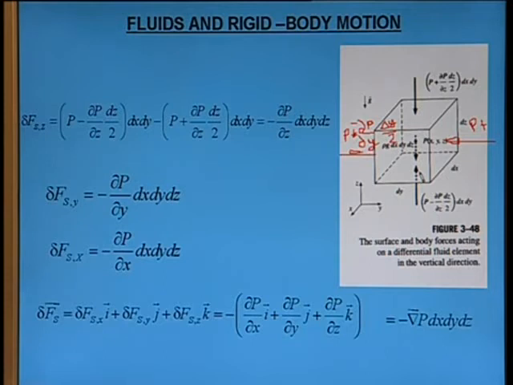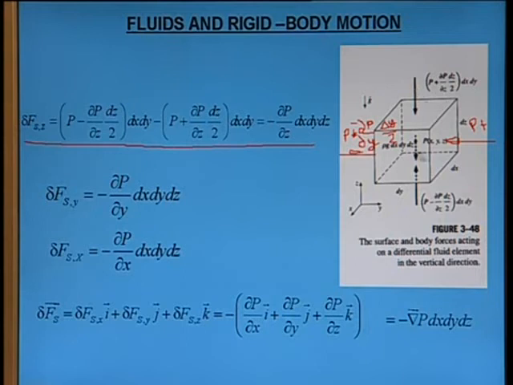These accelerations will also produce force in x direction, y direction, z direction, which is equal to mass into acceleration in x direction ax, mass into acceleration in y direction ay, mass into acceleration in z direction az.